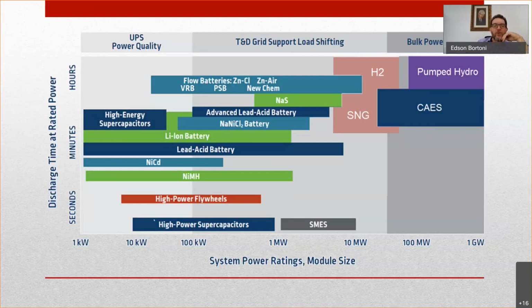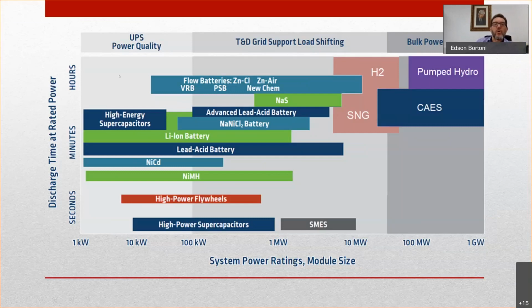We are talking about modules here. So modules from 1 kilowatt to modules of 1 gigawatt. And you can release or absorb power in seconds, here milliseconds, in minutes and hours, and even years.